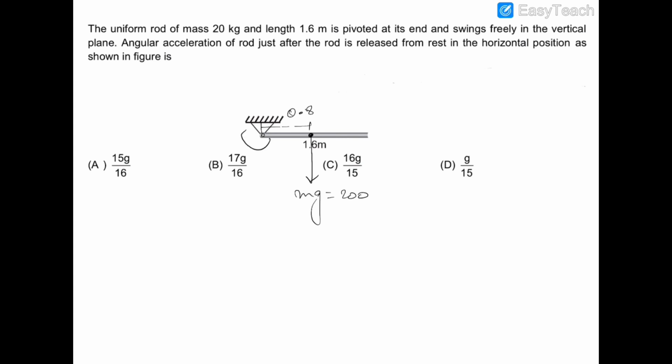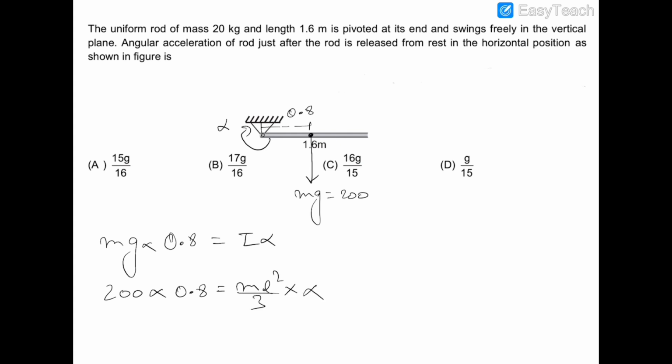So the torque would be mg into 0.8 and that would be equal to I alpha. So mg is 200 into 0.8 and the moment of inertia of this rod about this end would be ml square by 3, into alpha. We need to find out this alpha.